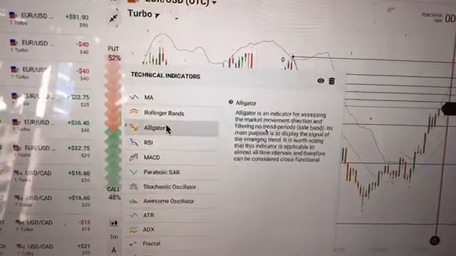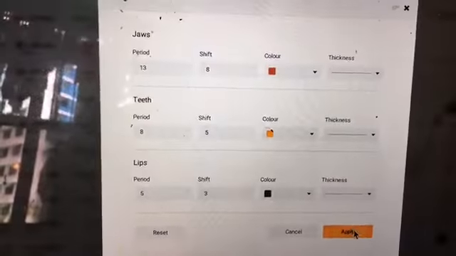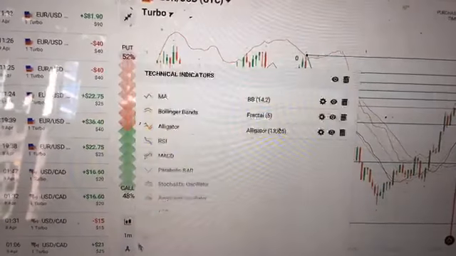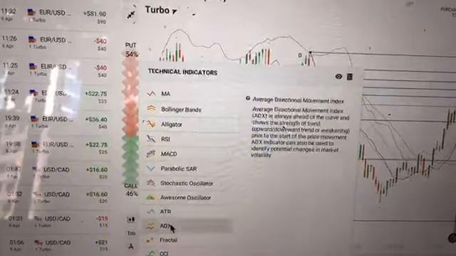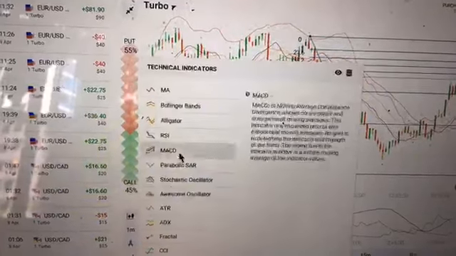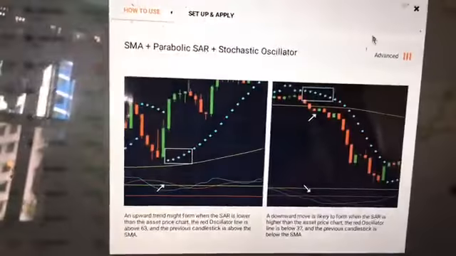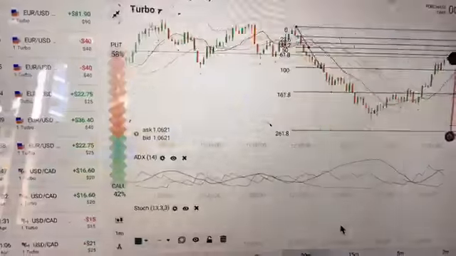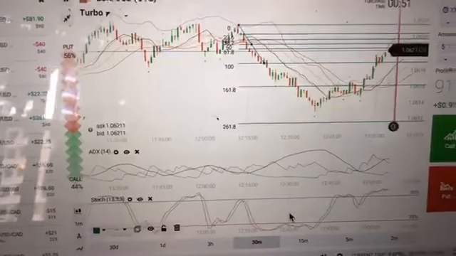If you're an alligator kind of person, they have that. If you're into stuff like the ADX, they have that as well. All your basic, most common indicators, they have all this stuff. So it's really cool. You can set this up and just go check it out.